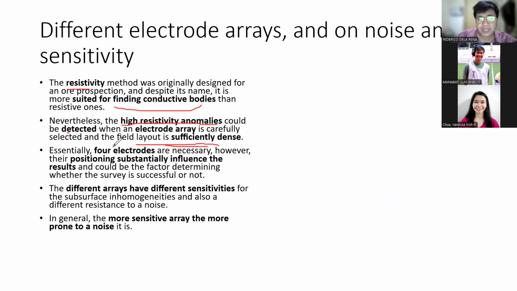And resistivity, as we have discussed earlier, will consist of your current electrodes, your C1 and C2, and also your potential electrodes, your P1 and P2. Okay, so you essentially have four electrodes.